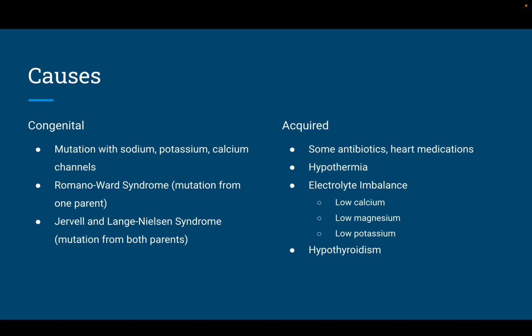There are ways to acquire prolonged QT. There are some antibiotics and heart medications that will cause it. We see it in hypothermia, electrolyte imbalances, specifically with calcium, magnesium, and potassium. That's why a 1 to 2 milligram push of magnesium is indicated for someone with torsades.